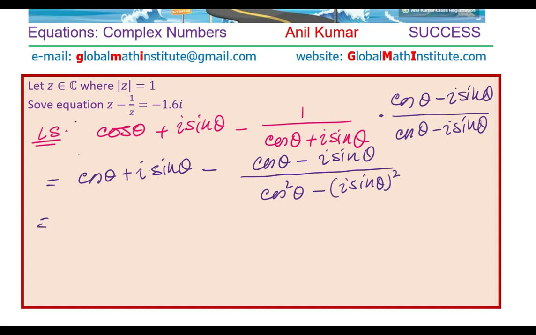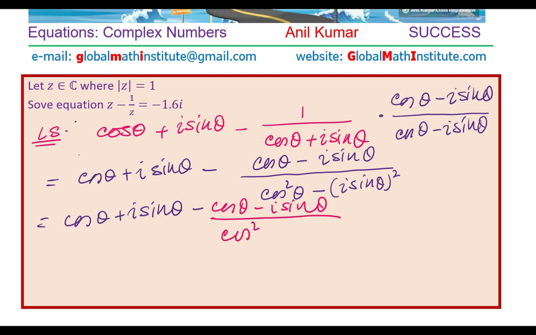So that is cos theta plus i sin theta minus cos theta minus i sin theta over cos square theta plus sin square theta, because i square is equal to minus 1, right?